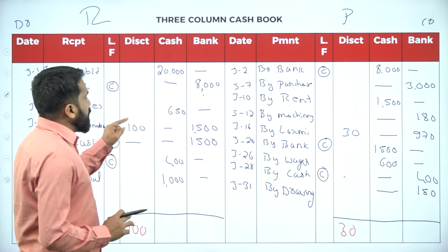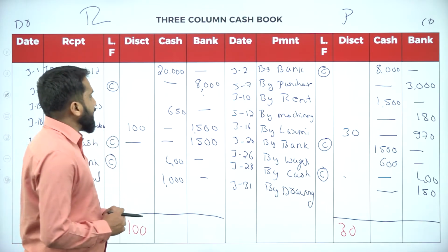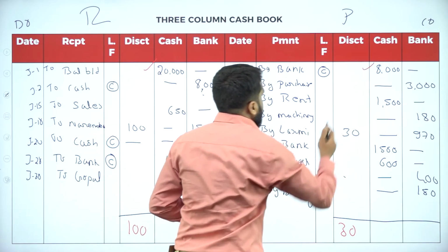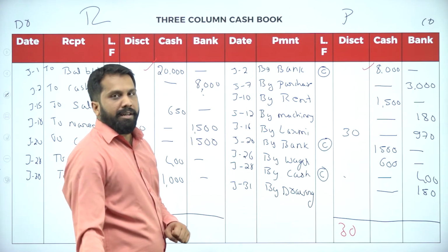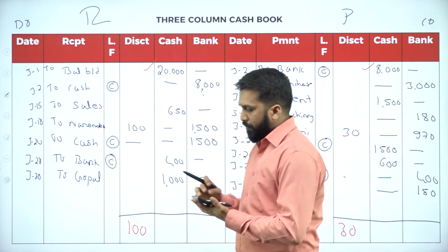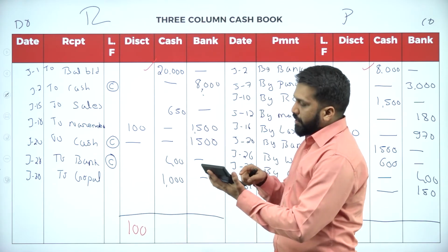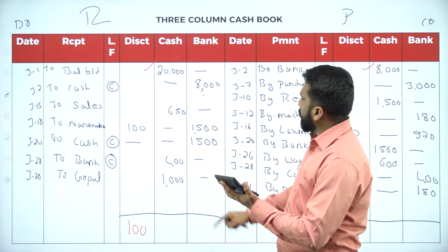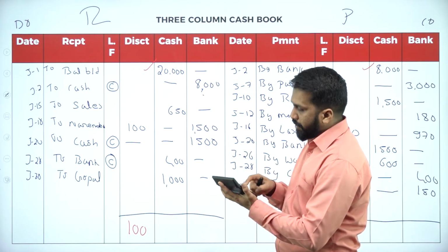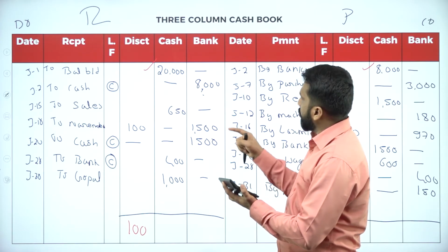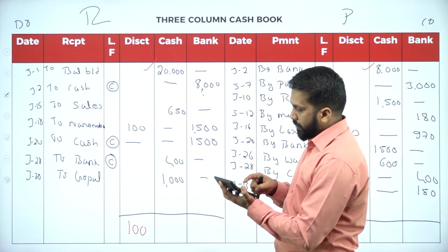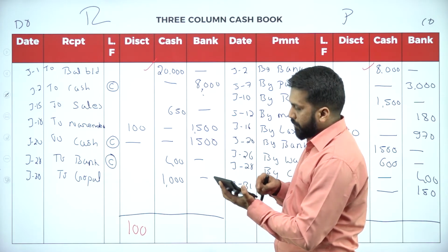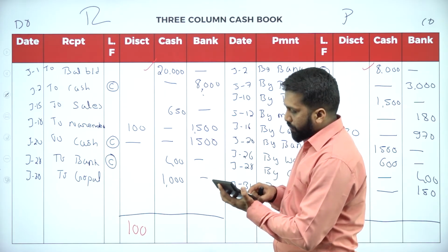Now you will come for cash. Which side is more? Whether this side or whether this side. We have to compare. Now, see, you have 20,000 plus 650 plus 400 plus 1,000.